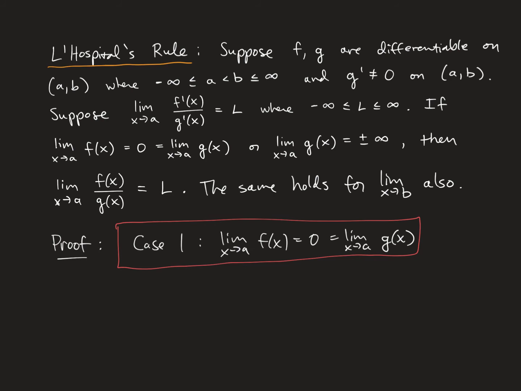And here we're going to assume, so we're in this case here, we're allowed to suppose that the limit of the quotient of the derivatives is L, and we'll suppose that our L is finite to start with. Okay, so case 1a, we're going to also suppose that L is finite.